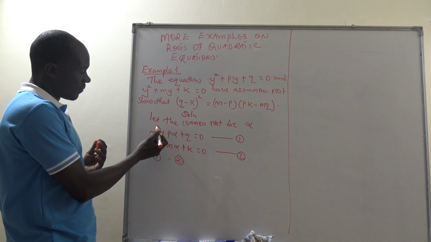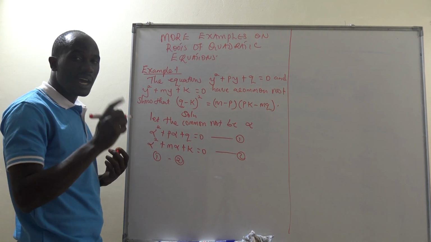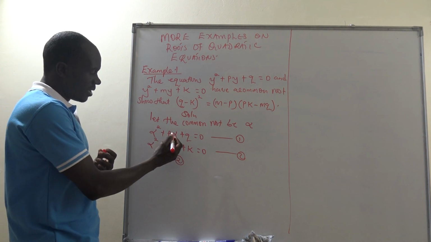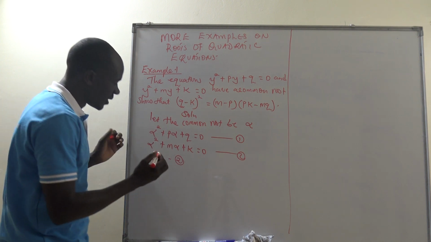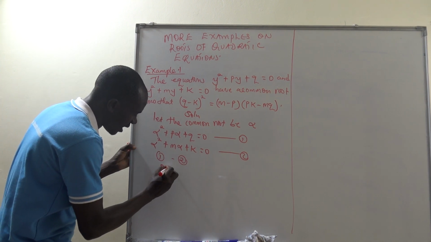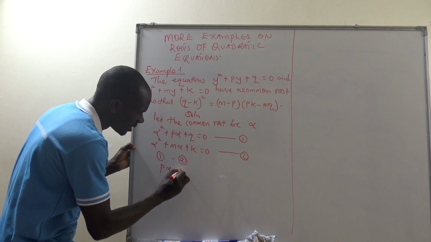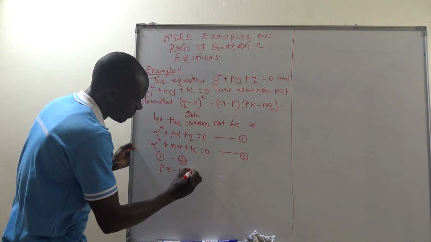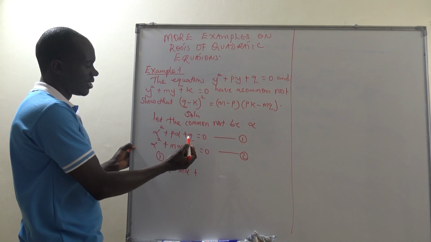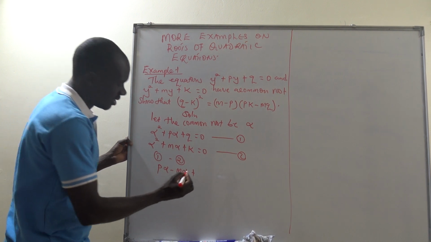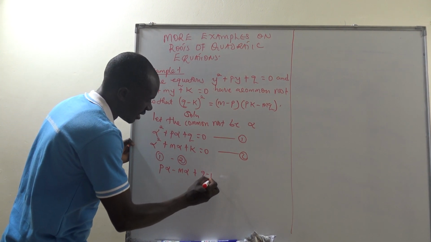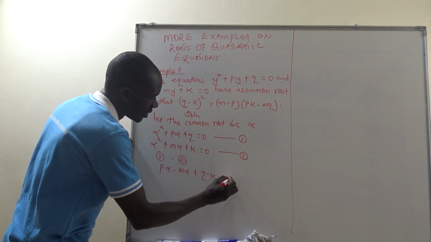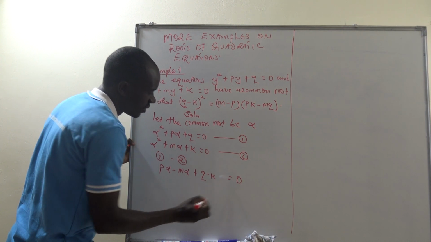So we go alpha squared minus alpha squared, I come out with a 0. P alpha minus m alpha, what do we get? Here we shall have p alpha minus m alpha plus q minus k. The whole thing equals 0 minus 0, 0.